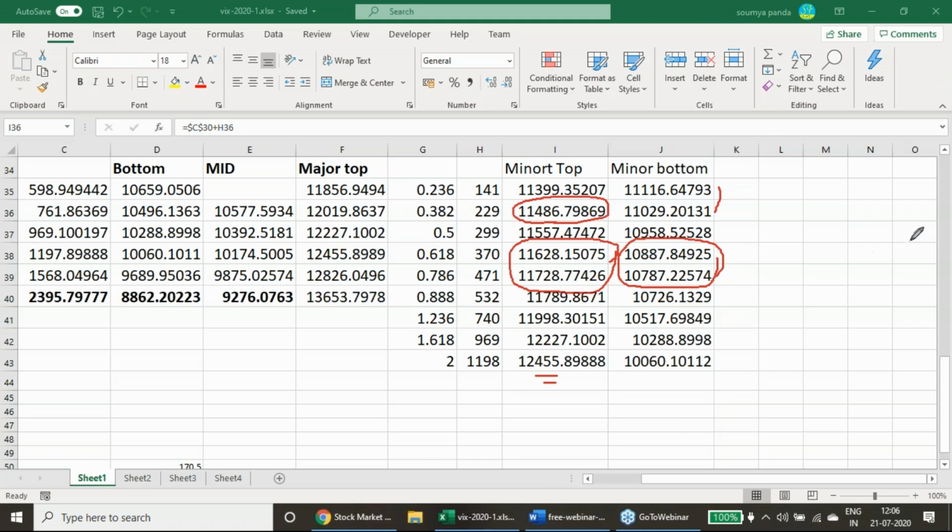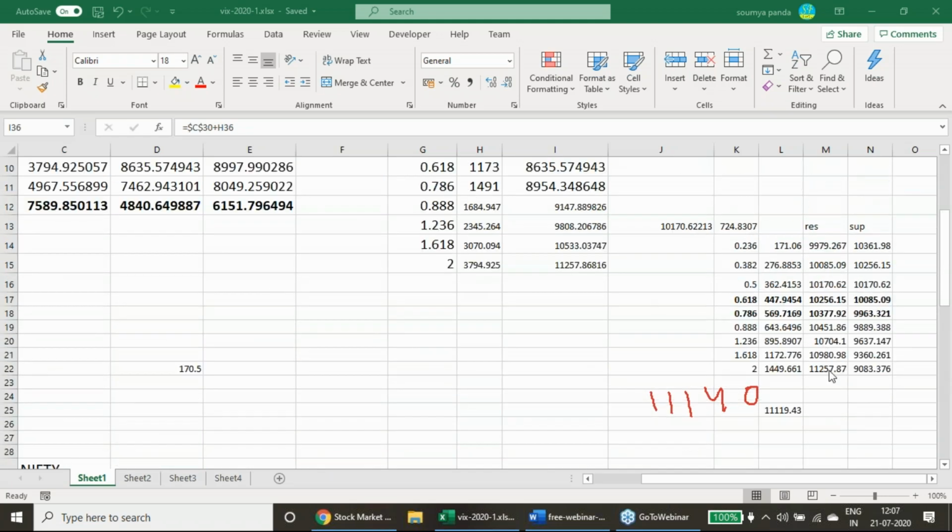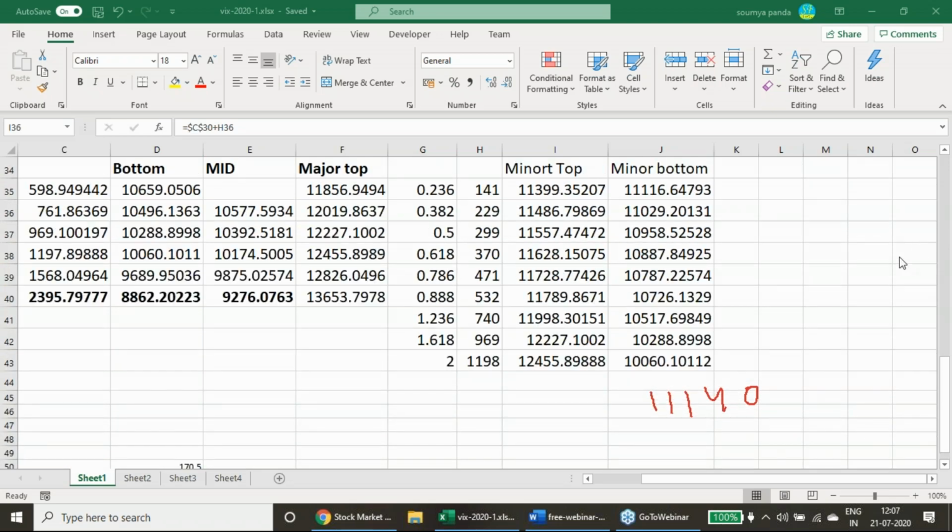For the time being, we are at 11,000. For the time being, we are at the 11,140 level. Our top is sitting at 11,258, and only after that can we have the estimation. Once the 11,258 level is crossed, then these levels will be valid.